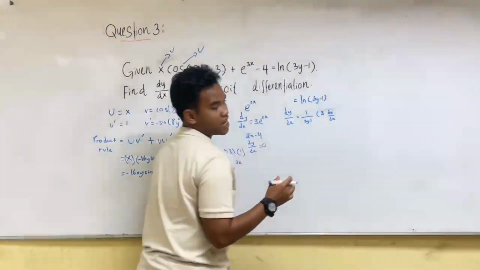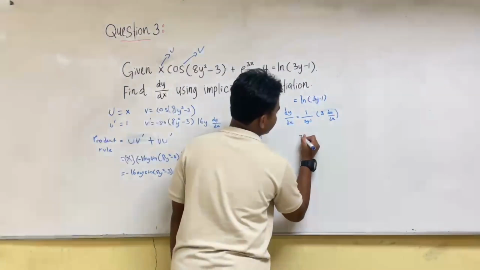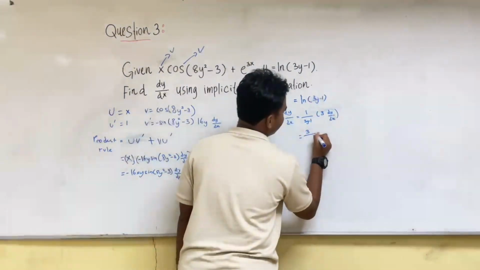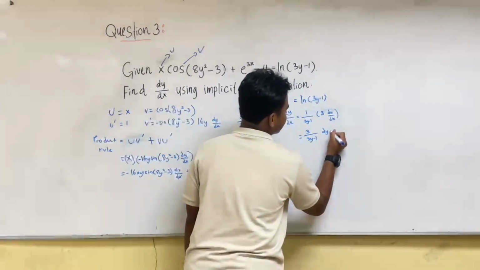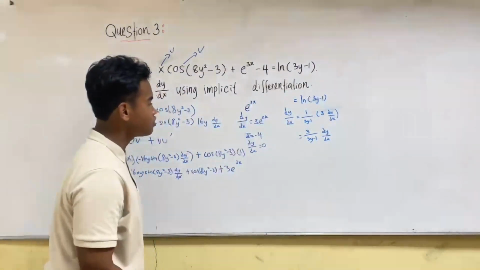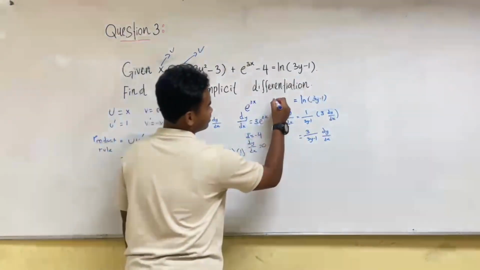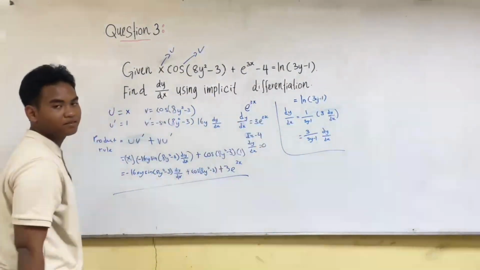We get this dy/dx because we differentiate y, so it becomes 3 over 3y minus 1 times dy/dx. Okay, so this is the right side, and this is the left side.